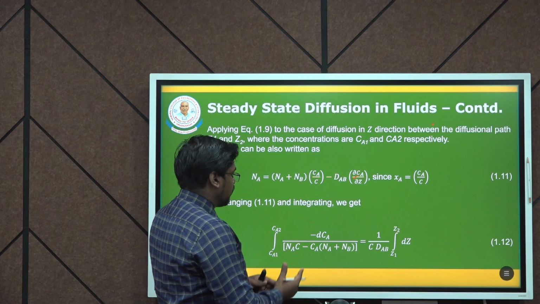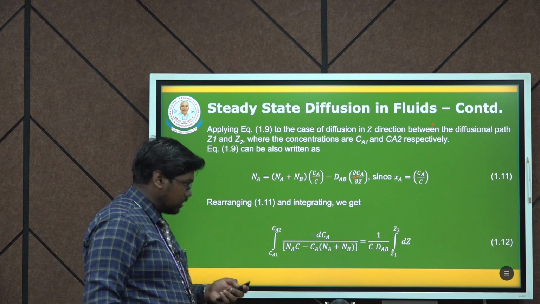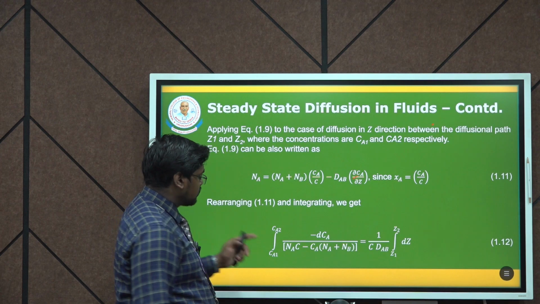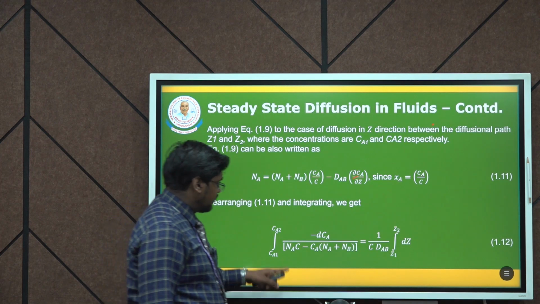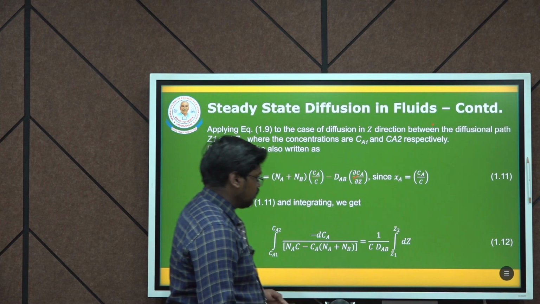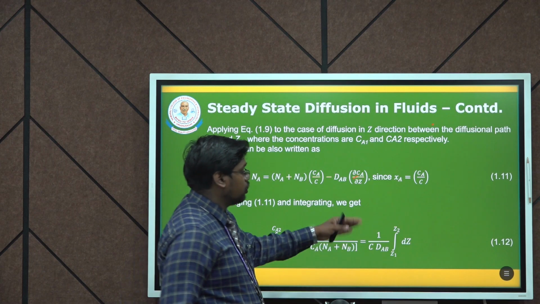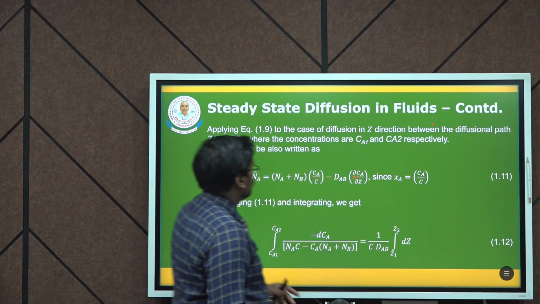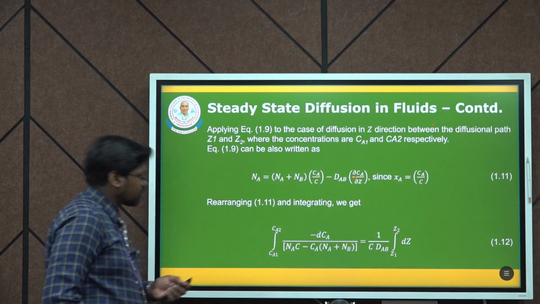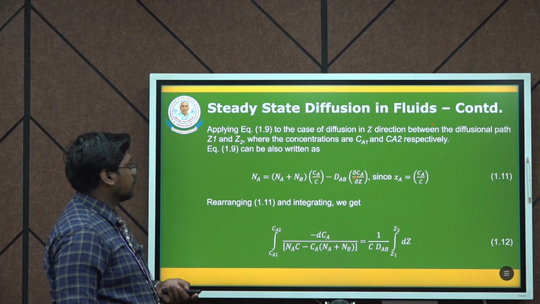By rearranging and integrating, we get equation 1.12: integral from Ca1 to Ca2 of minus dCa divided by Na into C minus Ca into Na plus Nb is equal to 1 divided by C into DAB, integral from Z1 to Z2 of dz. The molecule moves from Z1 to Z2, and that is what is given as the limits of the integral.